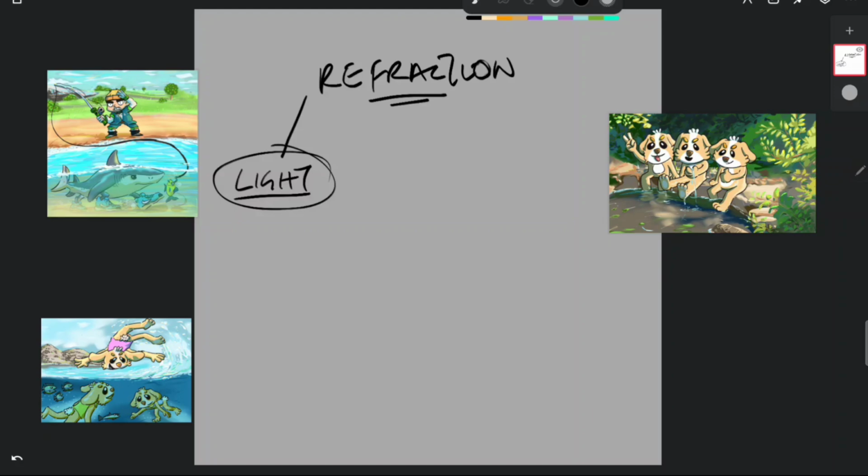It's the bending or the formation of a wave when it passes through transparent objects, or through a translucent object, as we have been talking about when we talk about light.